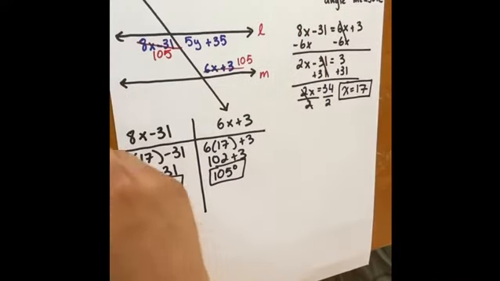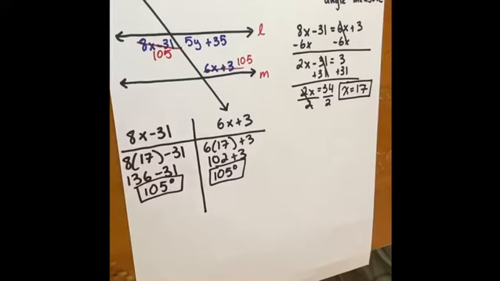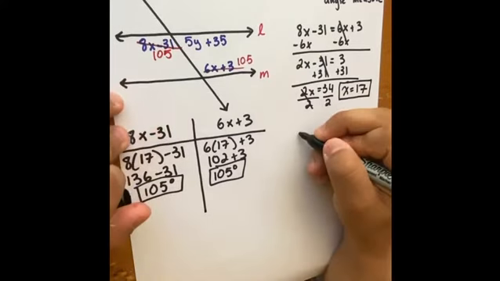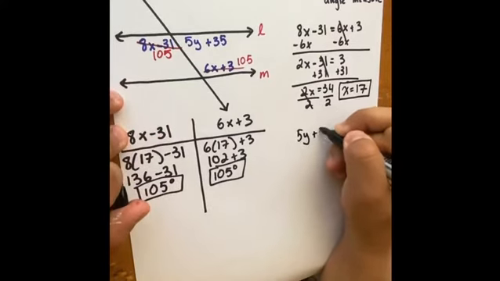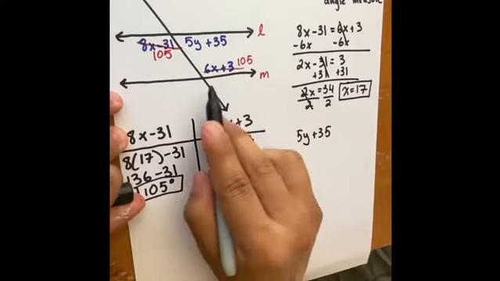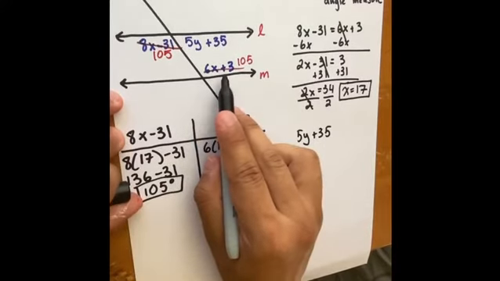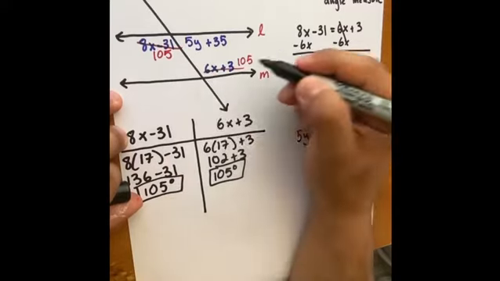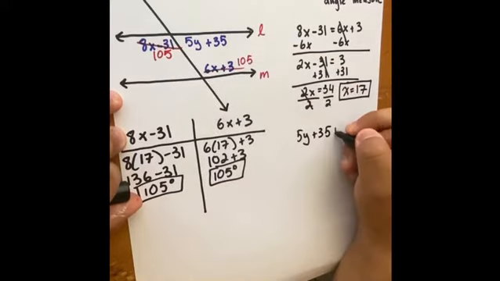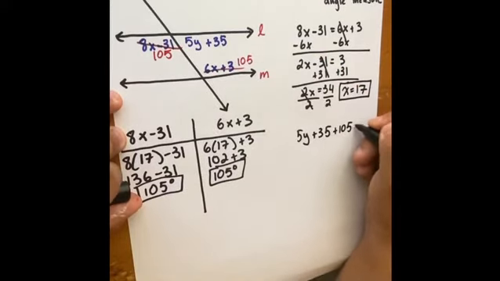So I'm going to take 5y plus 35, and I'm not going to add 6x plus 3. Now that I know that this is an angle measure, I'm going to add 105, is equal to 180.